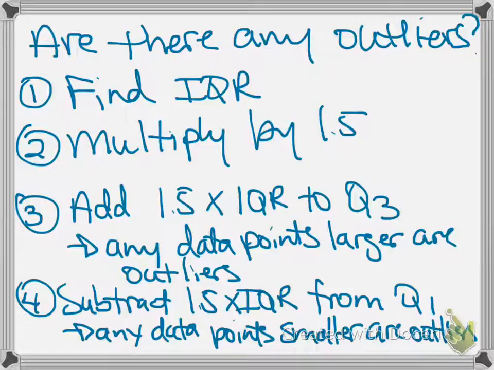Once you've multiplied your IQR by 1.5, you're going to add that value to your quartile 3 value. If you have any data points in your data set larger than that value that you get, again, that's 1.5 times the IQR plus Q3, any data points larger than that will be considered outliers.